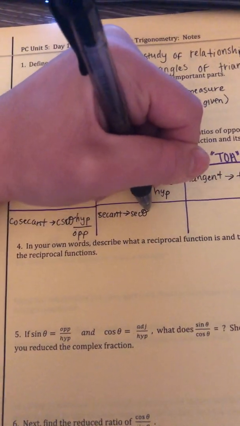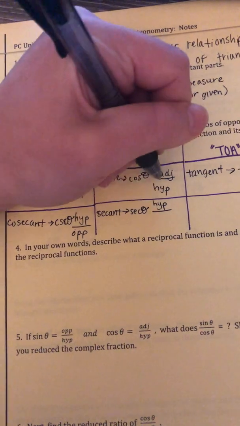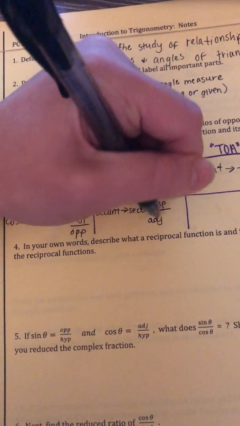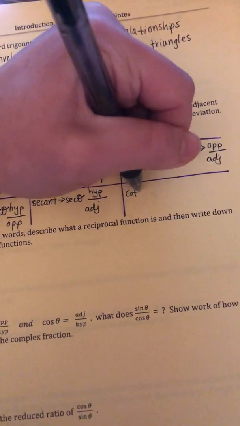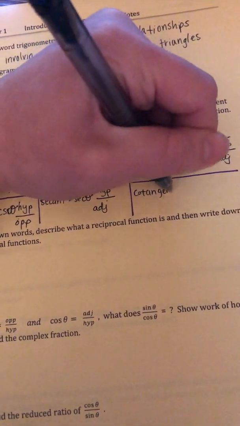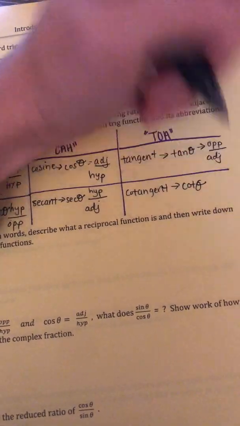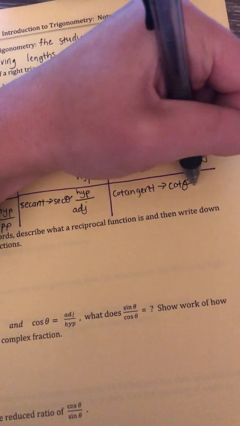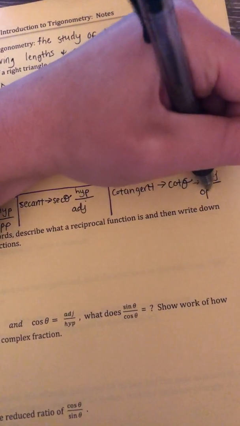Secant of the angle is again going to be the reciprocal of cosine, which will be hypotenuse over the adjacent. You're flipping the fraction. And then we have cotangent, and again the reciprocal, so it'll be adjacent over opposite.